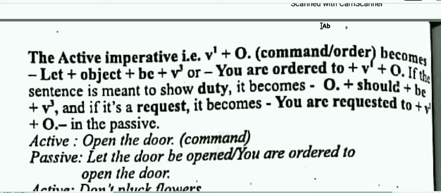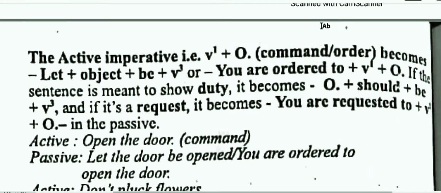Duty and request are something different. So you have to obey your parents. See, obey your parents. When the teacher says to the students, obey your parents, then your parents should be obeyed. Your parents should be obeyed. Obey your parents, obey your teachers.